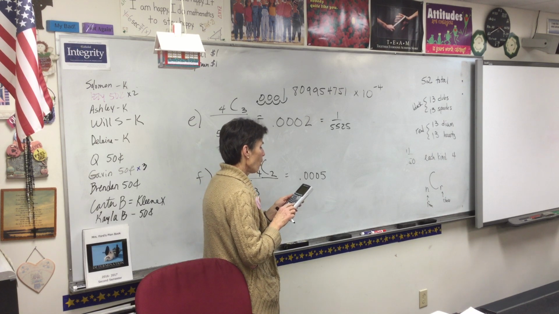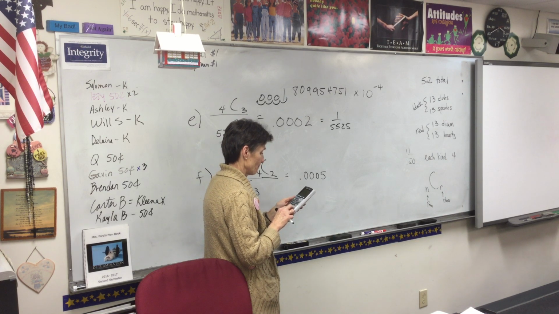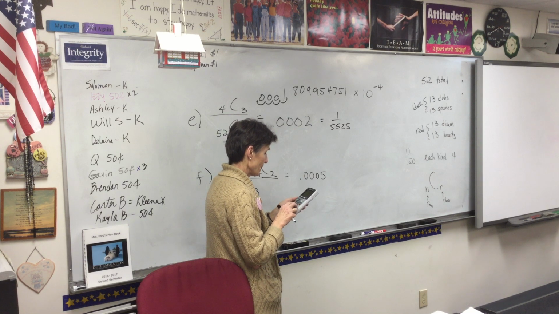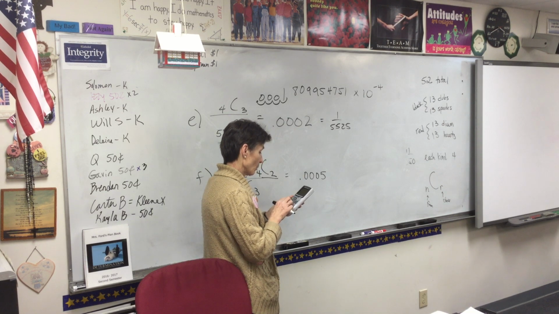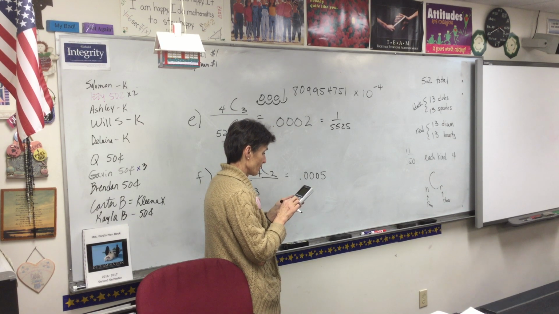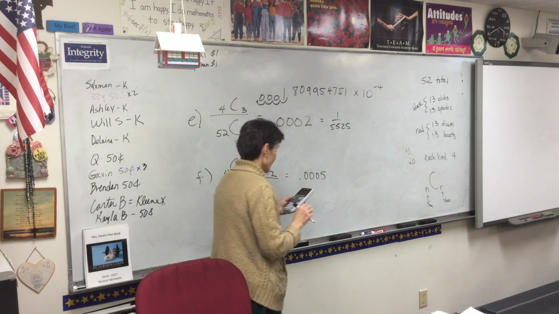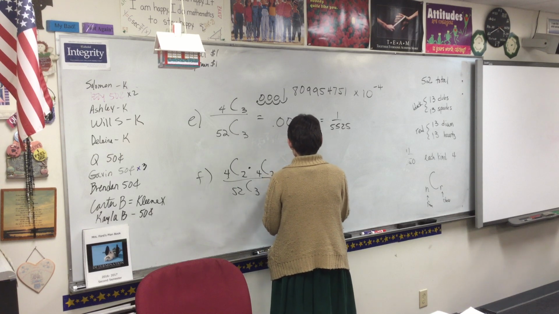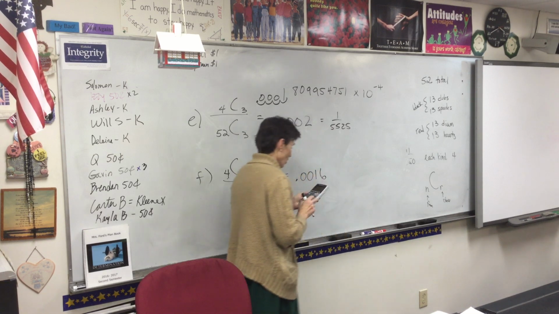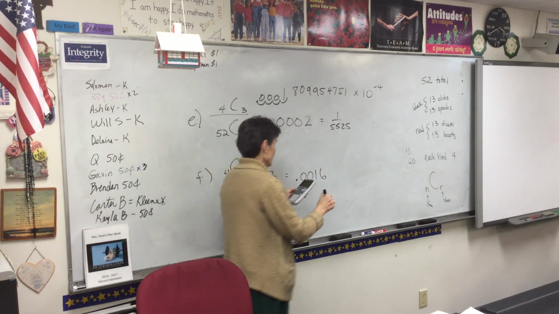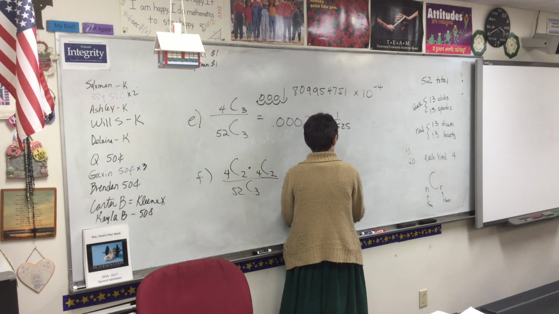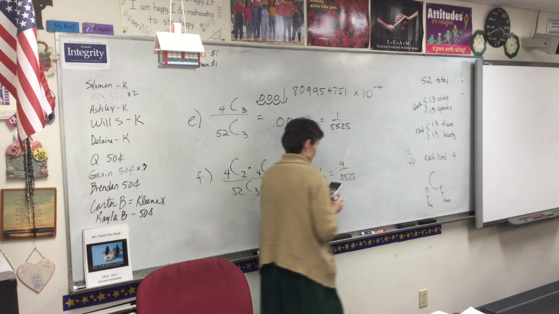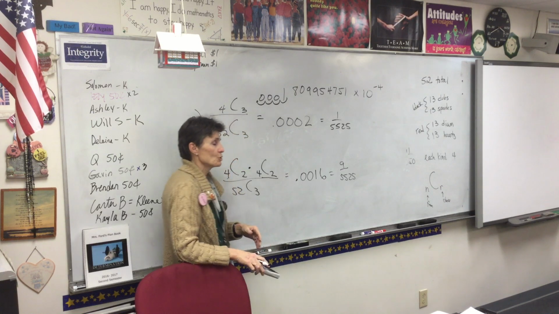I got 0.0. Oh, I know what happened. What happened? I see what I did wrong. 0.0016. Yep. I found my mistake. So it is .0016 if I round it off. And then 9 over 5525. Yes.